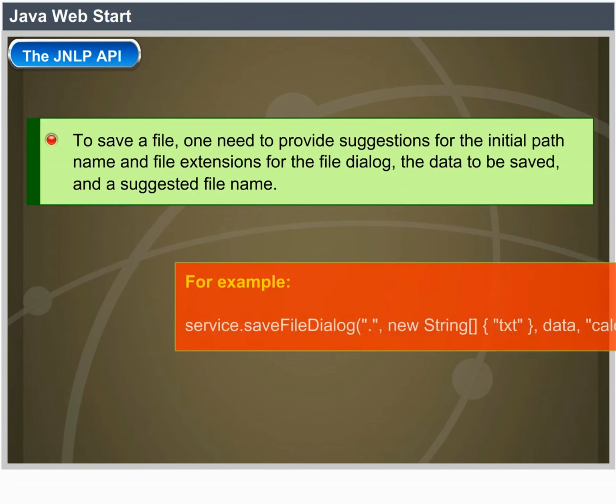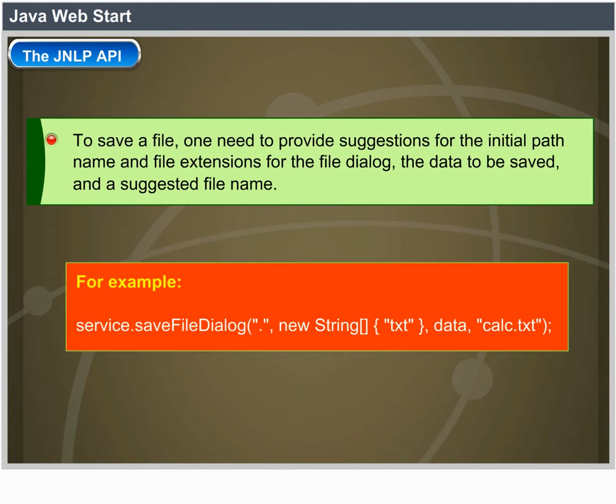To save a file, one needs to provide a suggestion for the initial path name and file extension for the file dialog, the data to be saved, and a suggested file name. For example, service.saveFileDialog(".", new String[] {"txt"}, data, "calc.txt").